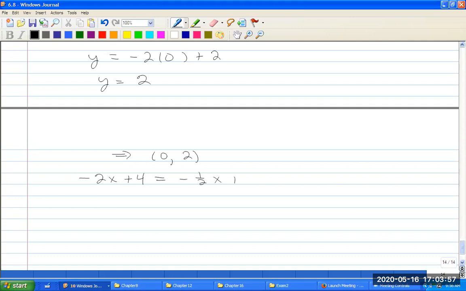Let's multiply by negative 2 to get rid of all these. And so this is equal to 4x minus 8 equals x minus 4. Subtract x, add 8 to both sides of your equation. So x is equal to 4/3.